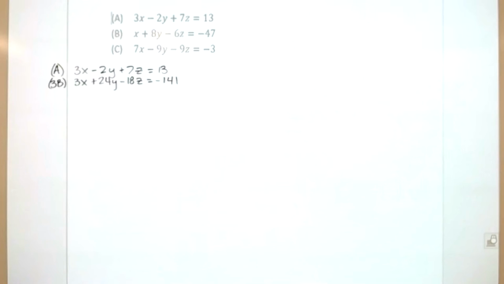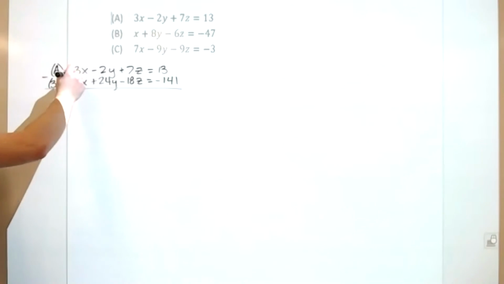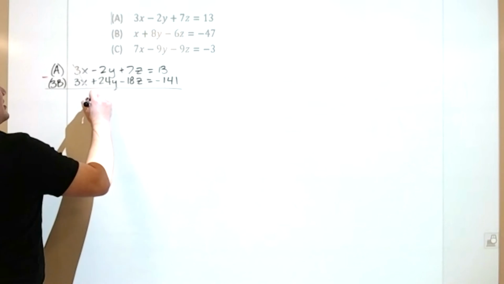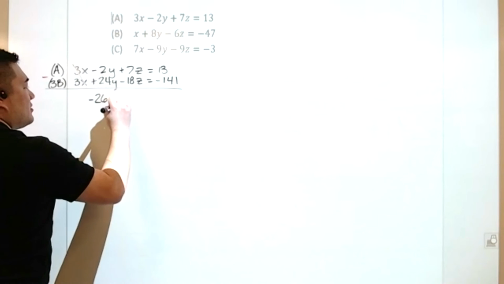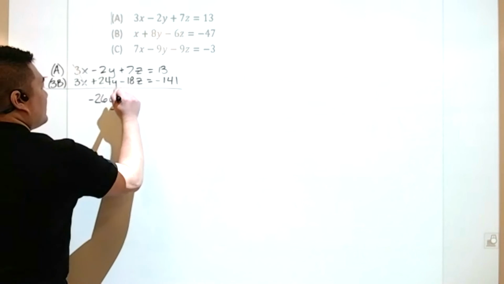All right, I'm eliminating the x. I've got positive 3x, same sign, so I'm going to subtract these two equations, and x will get eliminated. Negative 2 minus 24, that's going to make negative 26y. 7 minus negative 18, that's going to make positive 25z.